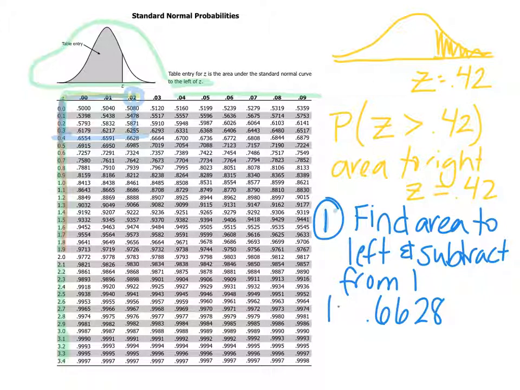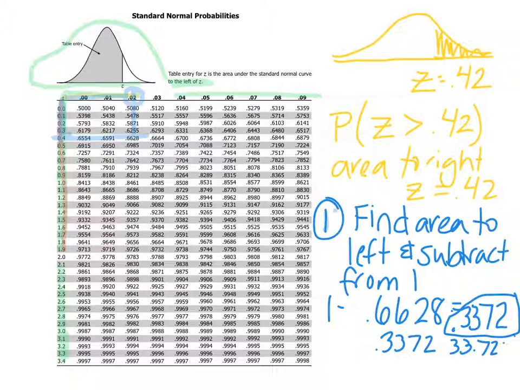So now if I subtract that from 1, I'm going to get 0.3372. So the probability that z is going to be greater than 0.42 is 0.3372, or 33.72%.